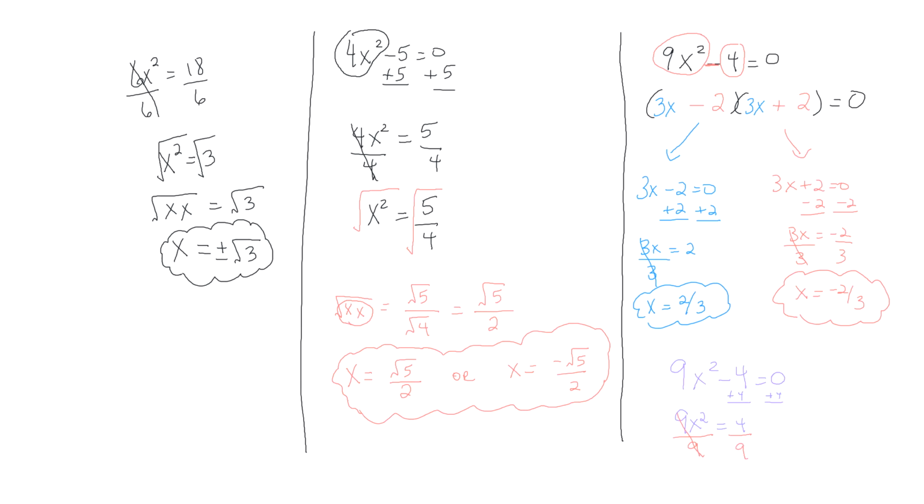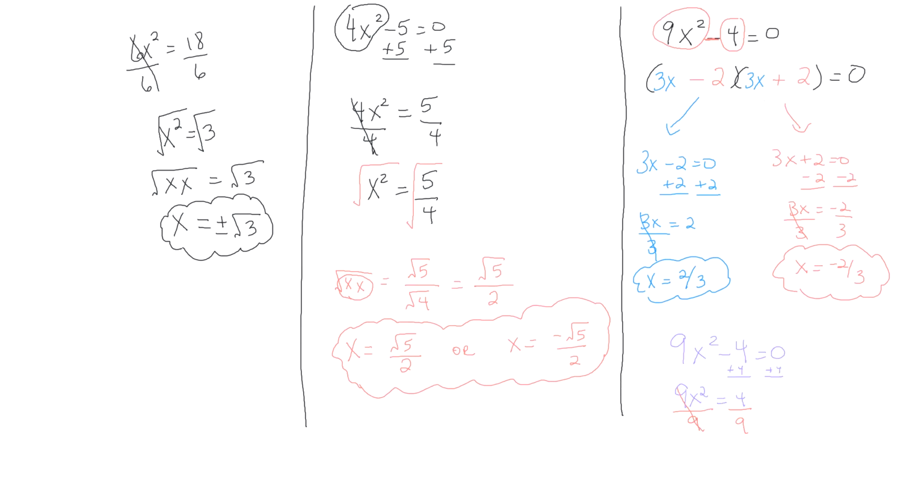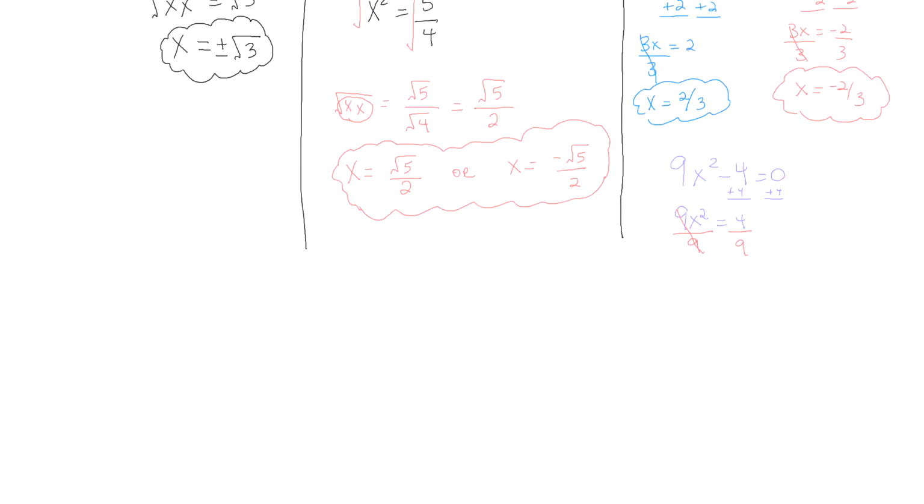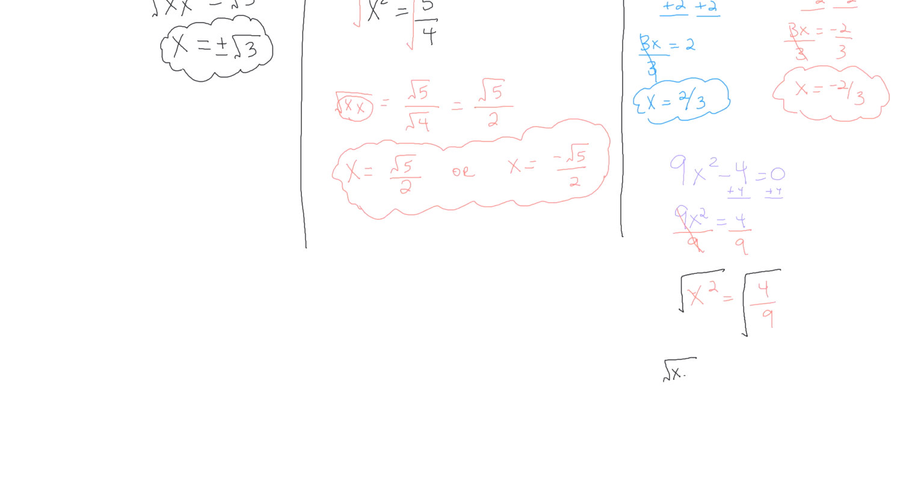Left with x squared equals 4 over 9. And the square root of both sides. And the root of this is the same as the square root of 4 over the square root of 9.